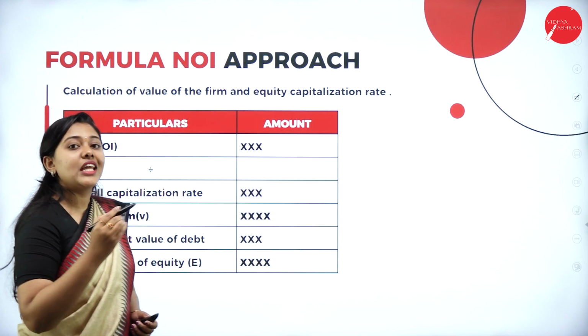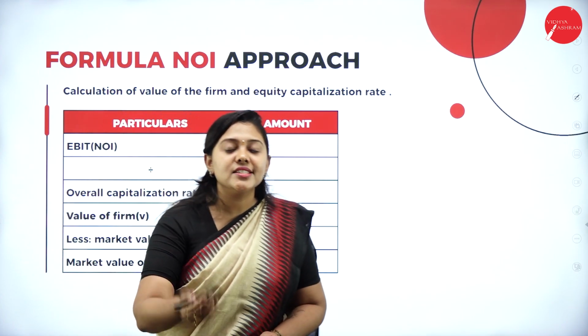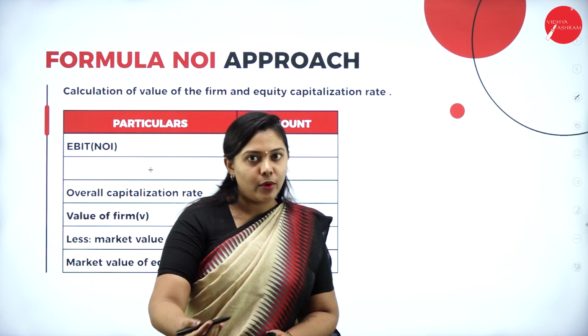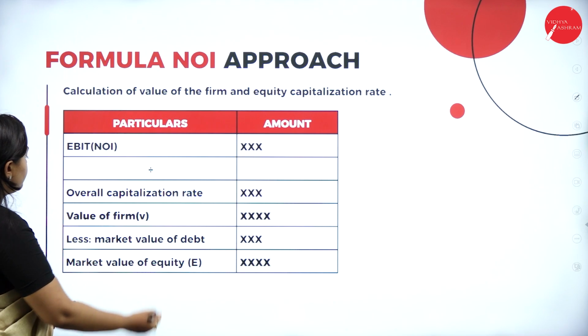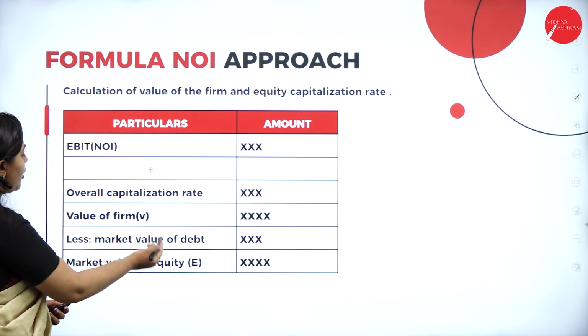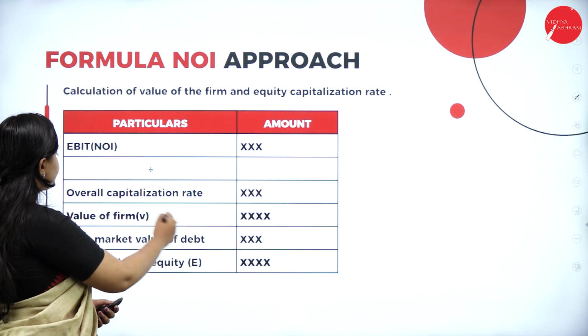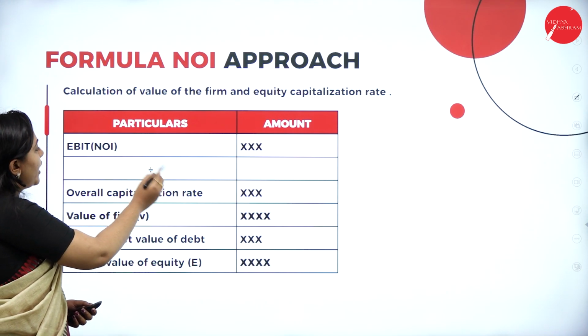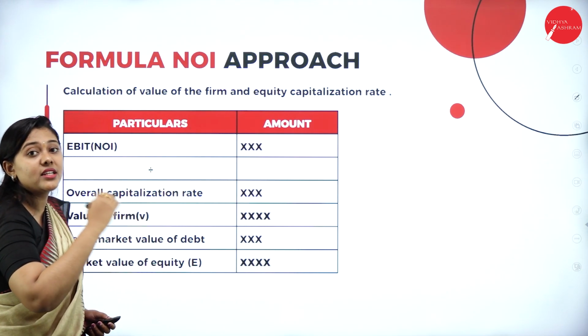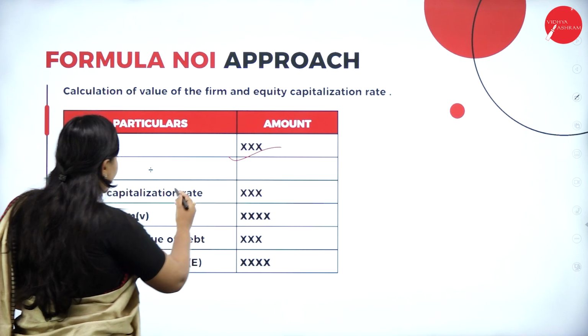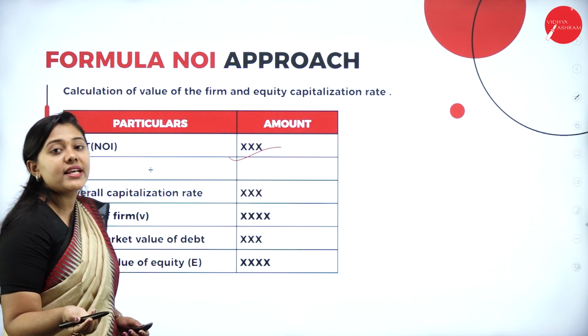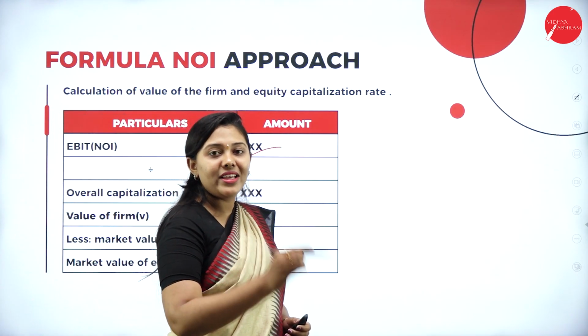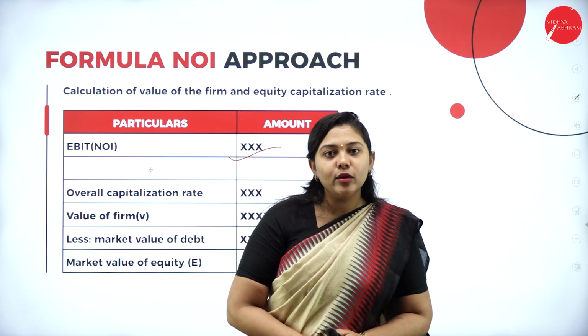I have put it in a table form so that it will be very easy for you all to solve the problem. To find out the value of firm, what is the formula? EBIT, that is your NOI approach. EBIT value, if you divide with the overall capitalization rate that is given in the question, you will get what? Value of firm.